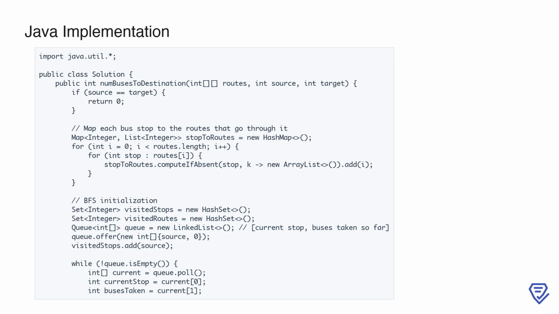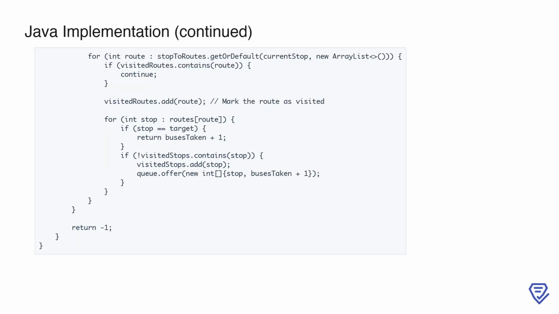The source stop is added to the visited stops set, and we enqueue it in the BFS queue with an initial bus count of 0. The main BFS loop begins, where we repeatedly process elements from the queue until it's empty. Within the BFS loop, we first extract the current stop and the number of buses taken so far.